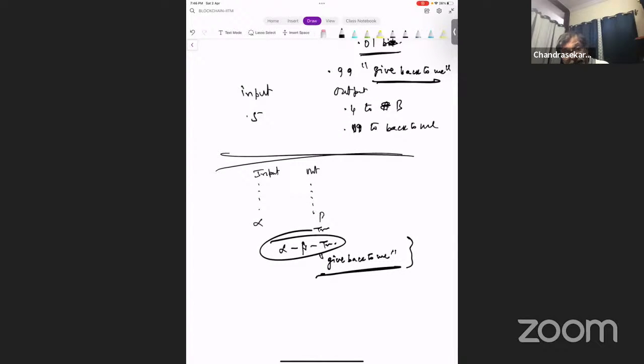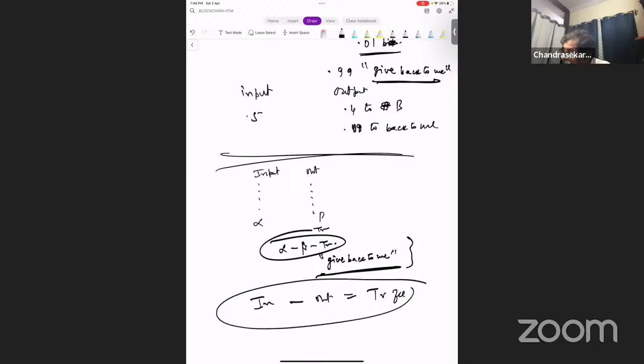Therefore, the difference between input and output is always the transaction fee. Be careful about the transaction fee calculation and make sure that you are getting back the money.